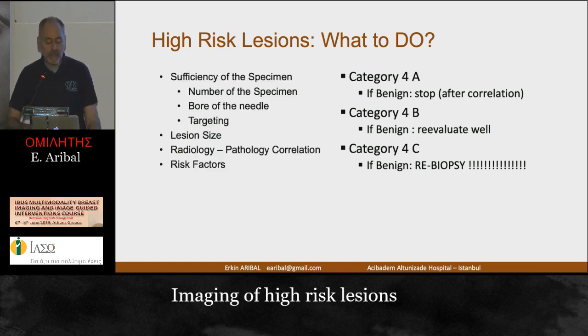And sufficiency of the specimen is very important. Check for the sufficiency, number of the specimens, bore of the needle, and targeting. Just go and revise your biopsy. Lesion size is important. In small lesions, you may miss the target.